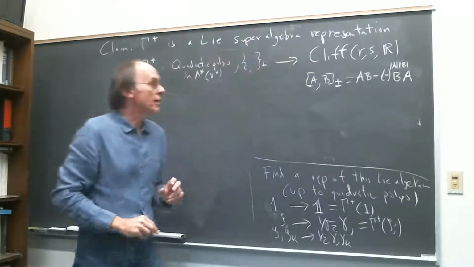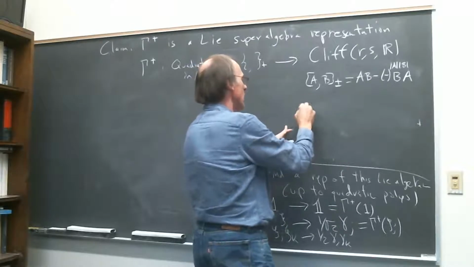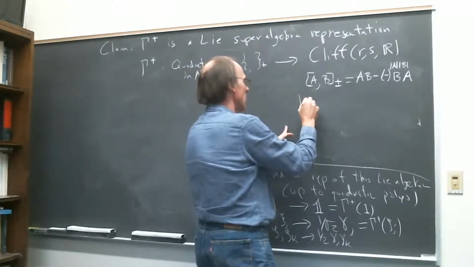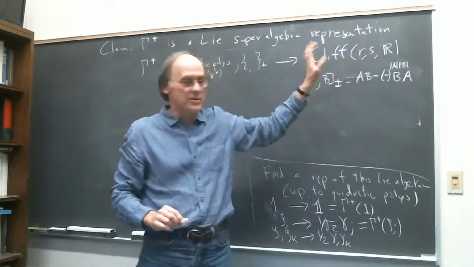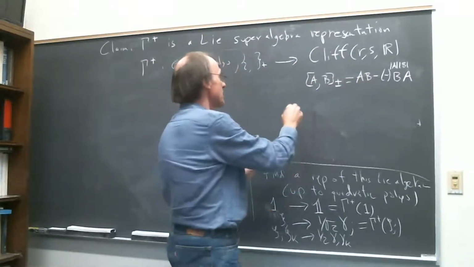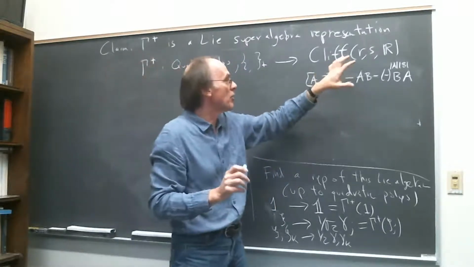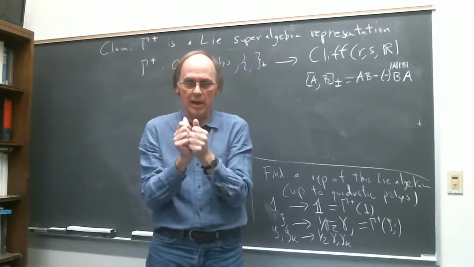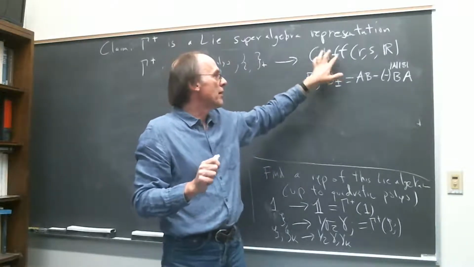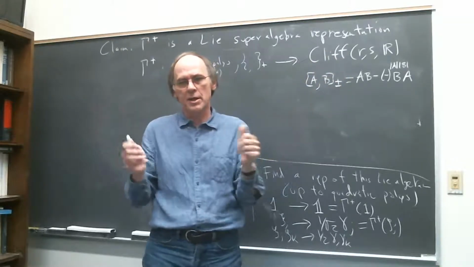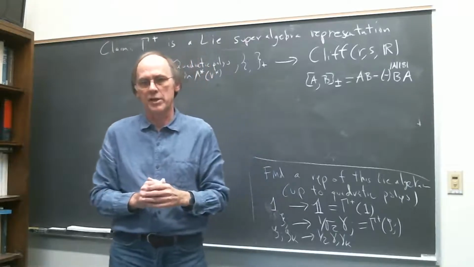Now, the Clifford algebra, I don't know that I've really emphasized this before, is what's called Z2 graded. The generators are said to be odd, but if you build something out of generators, it's either even or odd depending upon whether it needs an even or odd number of generators.